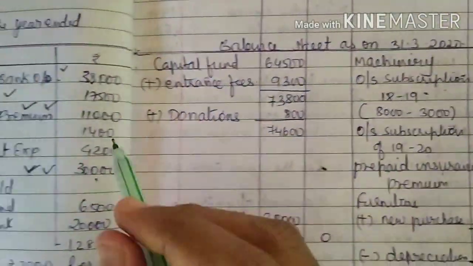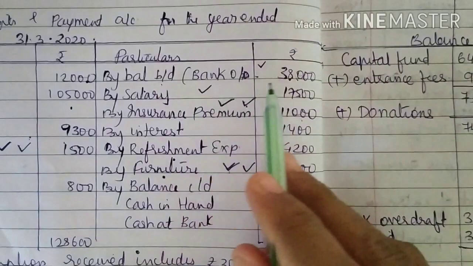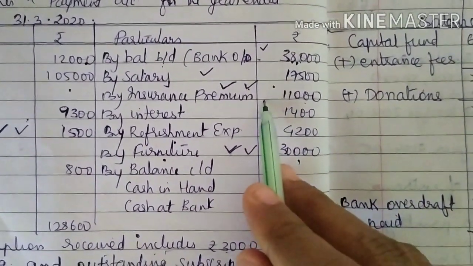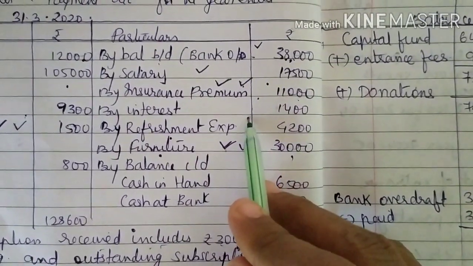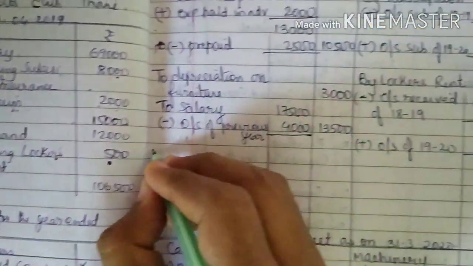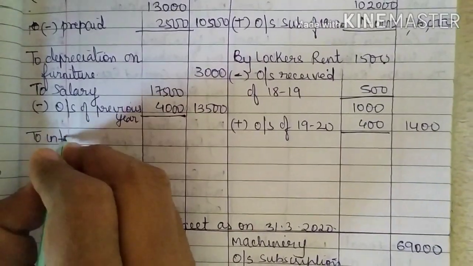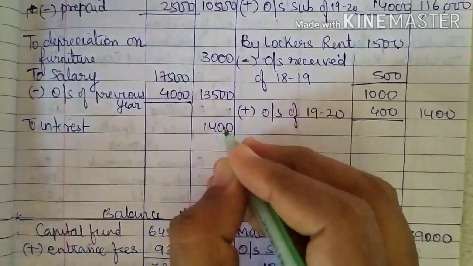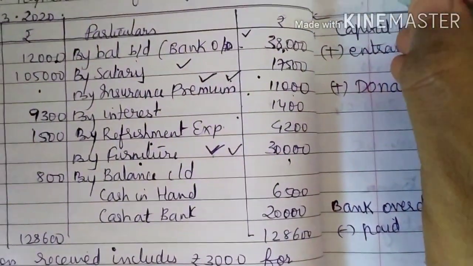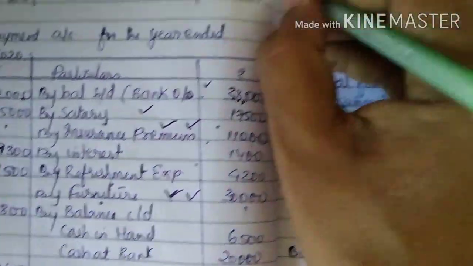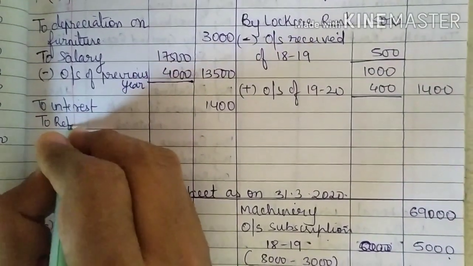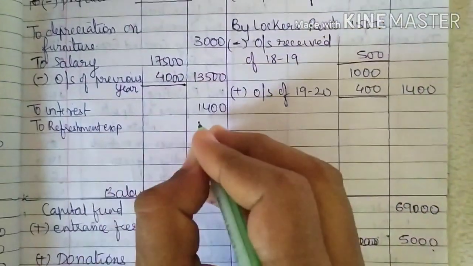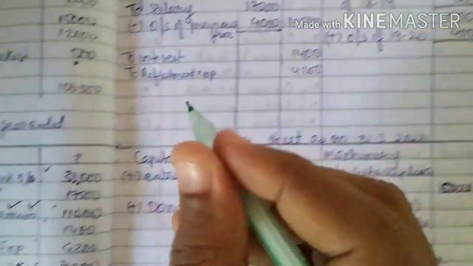Then on the credit side you have by balance brought down, it is overdraft we have done, salary we have done, insurance premium we have done, interest is an expense, so to interest, which is 1,400. Then to refreshment expenses, 4,200.